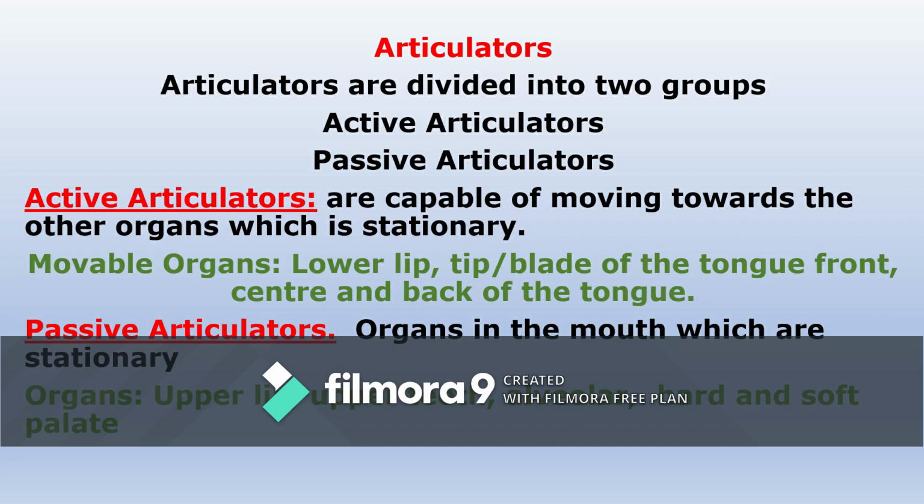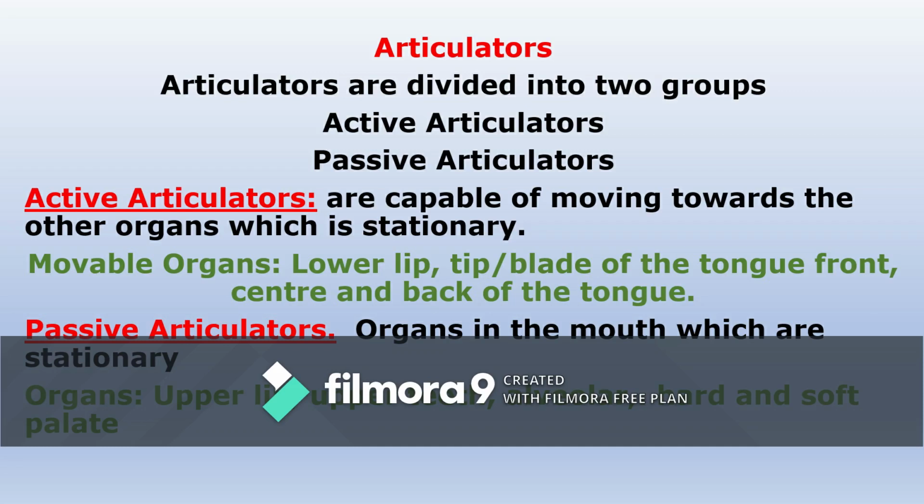In simple terms, active articulators are those organs which move towards the stationary organs to produce a sound. Passive articulators are those organs which do not have any movement. That means they are stationary organs.